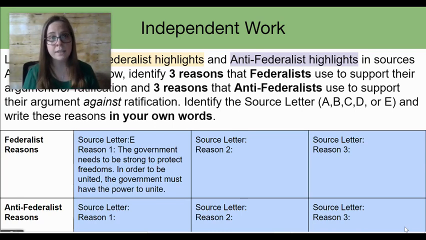I can't wait to see all the great information that you highlight and how you think deeply about that information and put it into your own words for the Federalist reasons that we should have a Constitution and the Anti-Federalist reasons why we shouldn't have a Constitution.